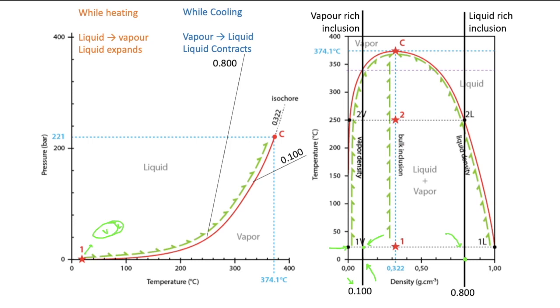Now what we are doing, we are trying to heat it, right? Now when we heat it, what will remain constant is the density, right? Density is fixed. Now density is fixed to a very small value here, which is 0.1. This should not change, right? The bulk density should not change. It will move in this vertical direction.